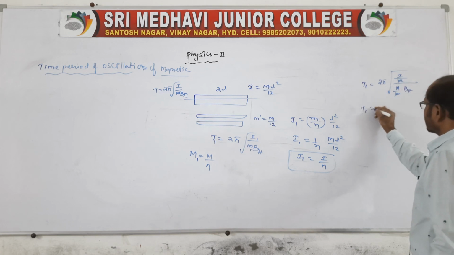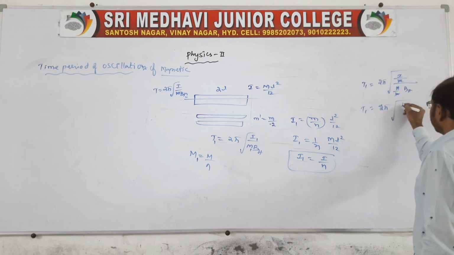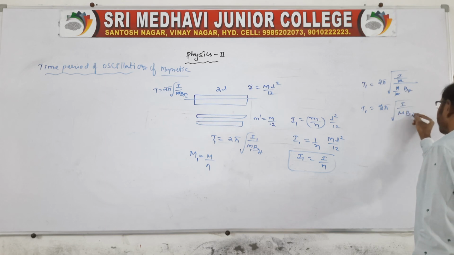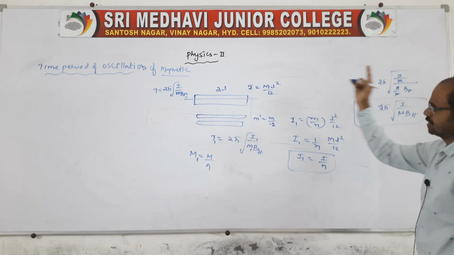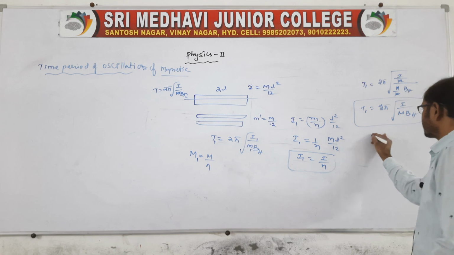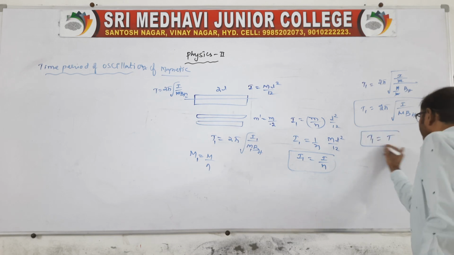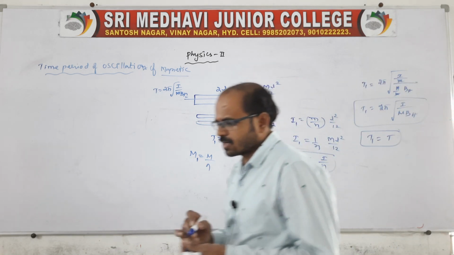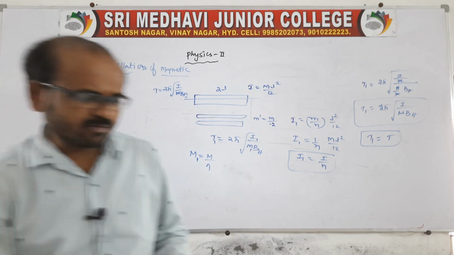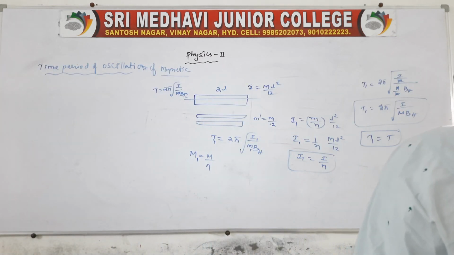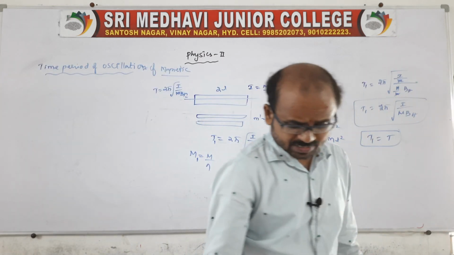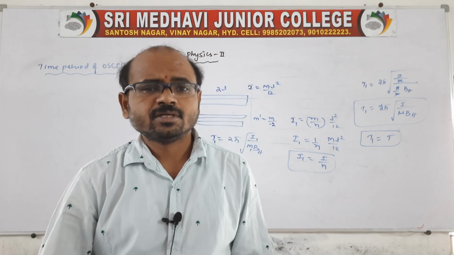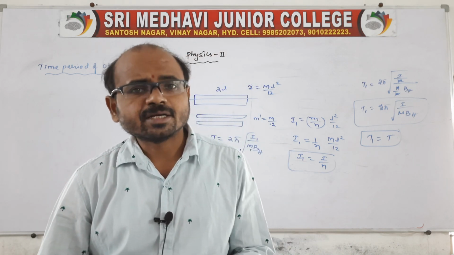So when it is cut along its length, the time period remains the same as the initial time period. When it is broken or cut into equal parts, the time period remains the same. Clear everyone?